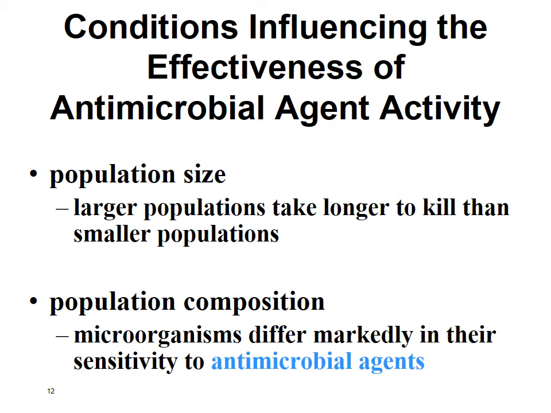And younger cells are usually more readily destroyed than mature organisms. Some species can even withstand adverse conditions better than others. So, for example, Mycobacterium tuberculosis, which causes the disease tuberculosis, is much more resistant to antimicrobial agents than most other bacteria.